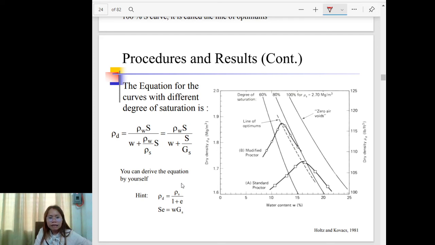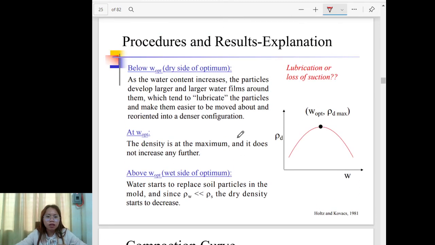You can obtain this one using this formula, using this hint. So we move on to the next.